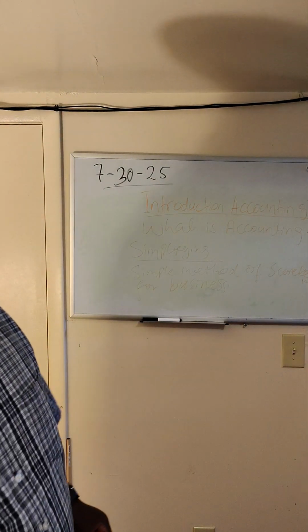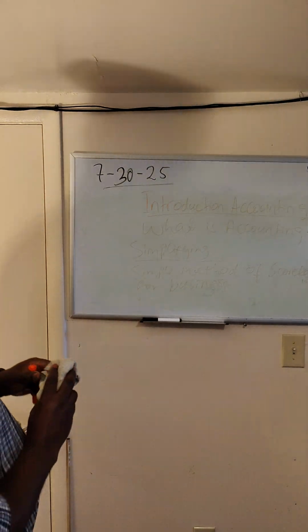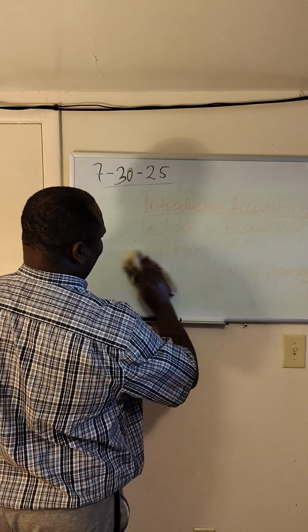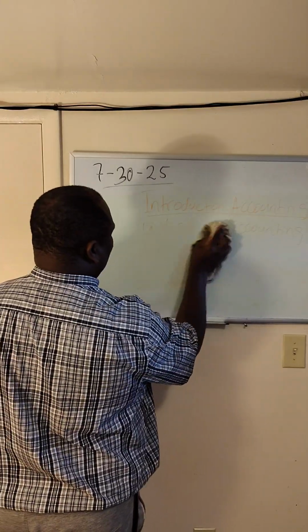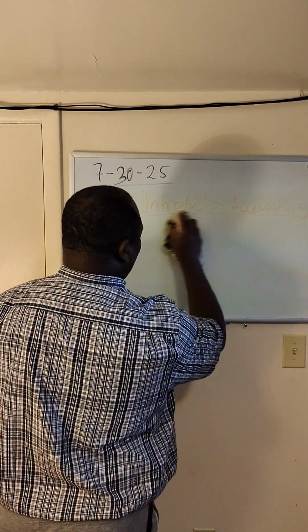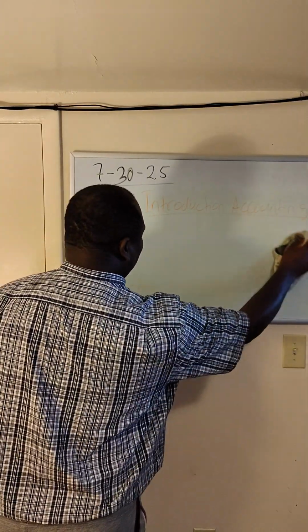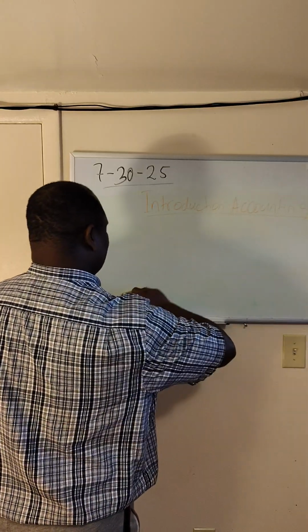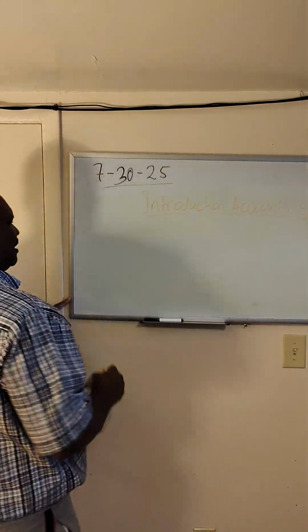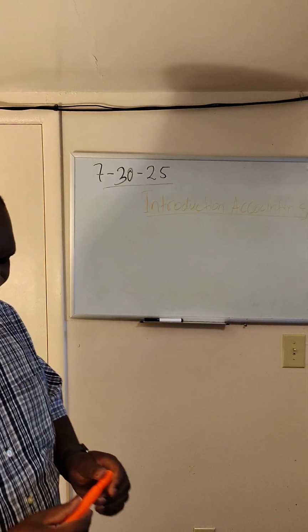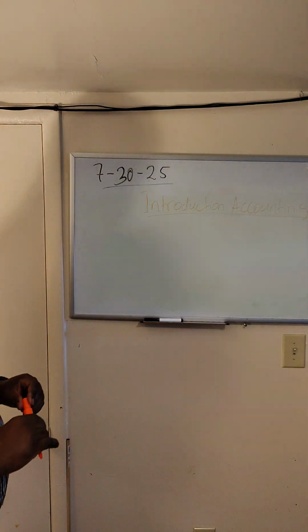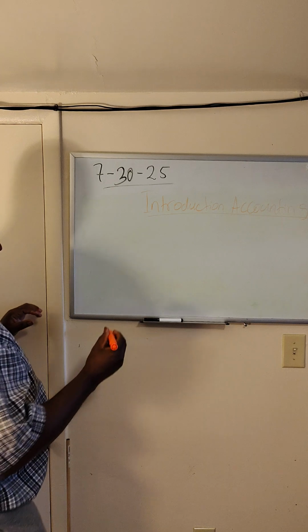A T account is just a small structure, a drawing in the form of a letter T, and that drawing helps us to keep what is called a T account.